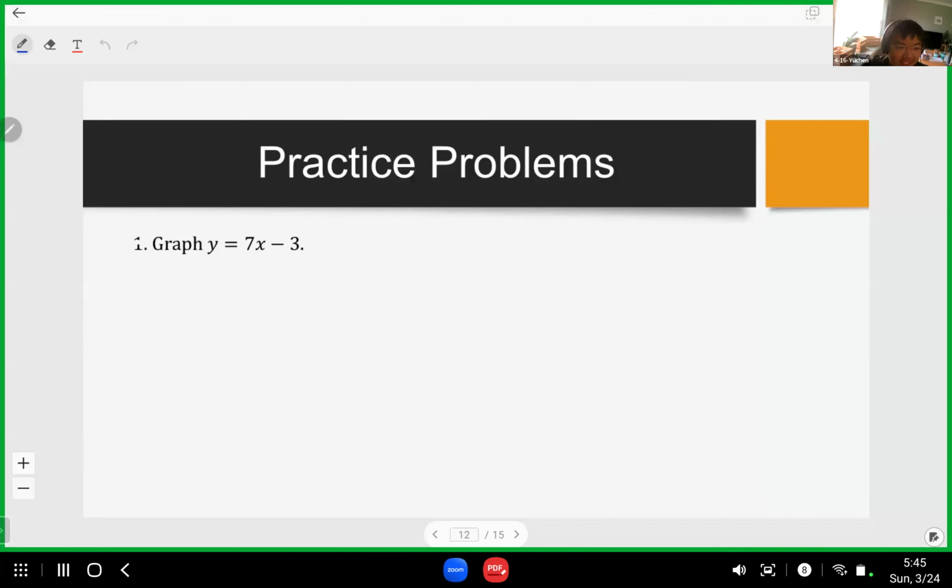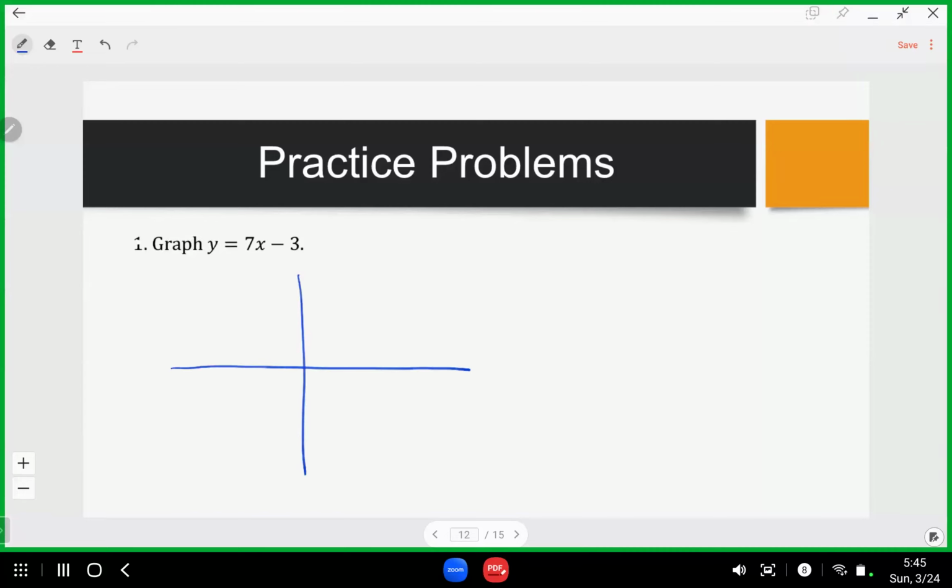So the slope is 7/1, and the y-intercept is at 0, -3. That's good. So you put the point here, right? Yeah. Okay, so now that you've had the y-intercept, what do you do now?